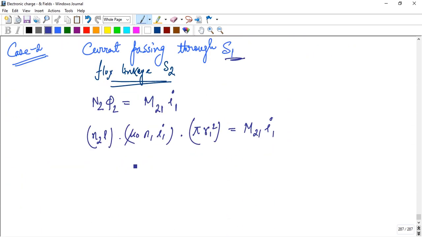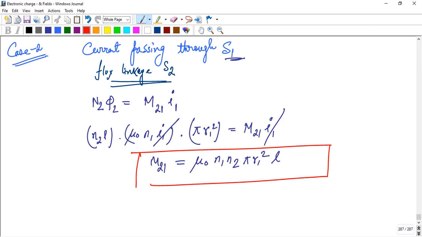So now I1 cancels. So M21, the mutual inductance, is equal to mu 0 N1 N2 pi R1 square times L. This is the mutual inductance of coil 2 with respect to coil 1. Clear?